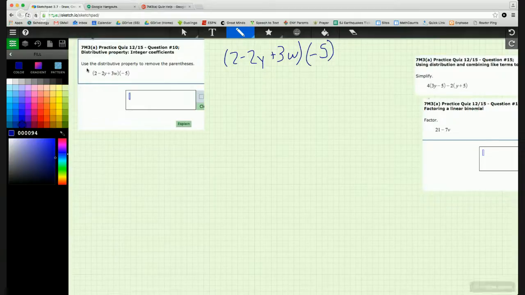Now, what you see is we have these 3 terms inside of parentheses both being multiplied by 1 term. So this is indeed distribution, but this is going to be distribution with 3 terms inside the parentheses. This is a little bit more difficult than our 1 times 2 terms. It's 1 thing times 3 terms.